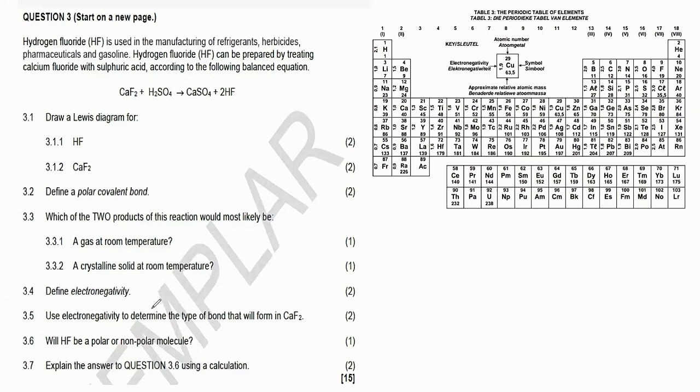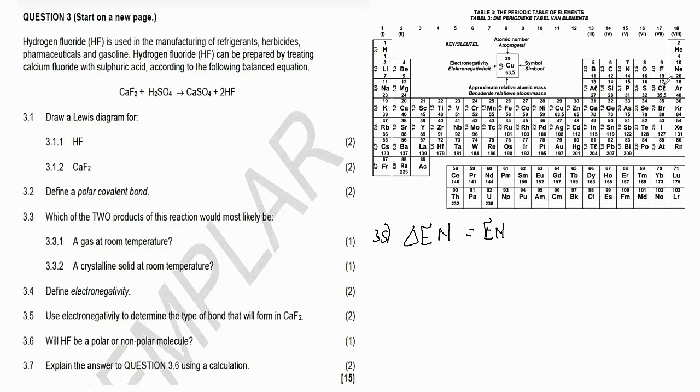Then let's proceed to 3.5. It says use electronegativity to determine the type of bond that will form in calcium fluoride. So use electronegativity. Then in 3.5, this is what we are going to say. Change in EN is equal to the electronegativity of, so we have to figure out, number one, between the calcium and the fluorine, which one has a higher electronegativity.